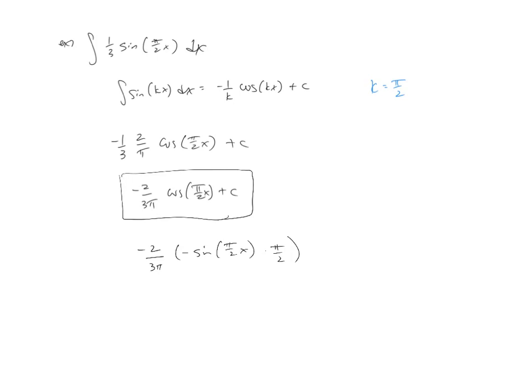So when this thing is simplified, the pi's go away, the 2's go away, the negatives do away with each other, and all that we have left is the 1 over 3 sine pi over 2 x, as we hoped.